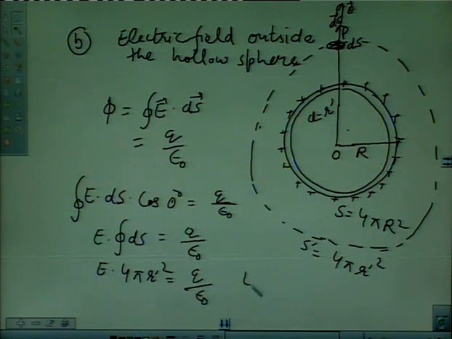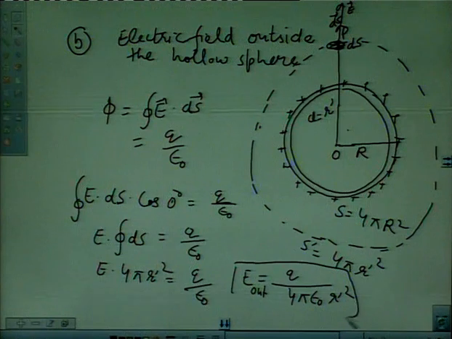So we have E is equal to q upon 4 pi epsilon naught into r dash square. This is the value of the electric field outside the hollow sphere.